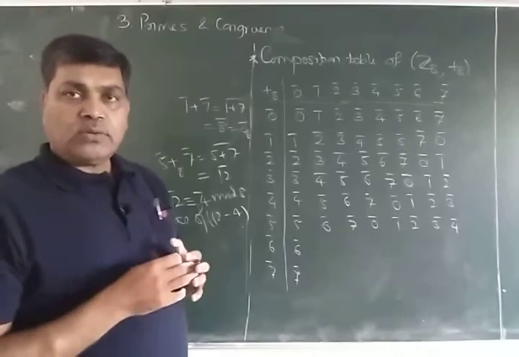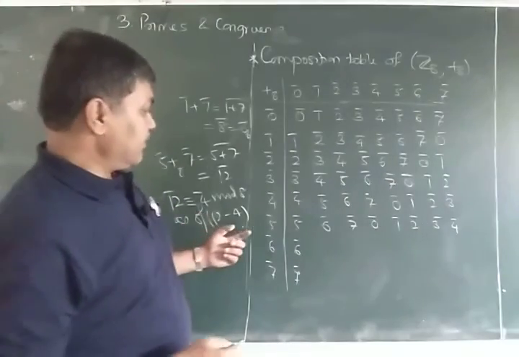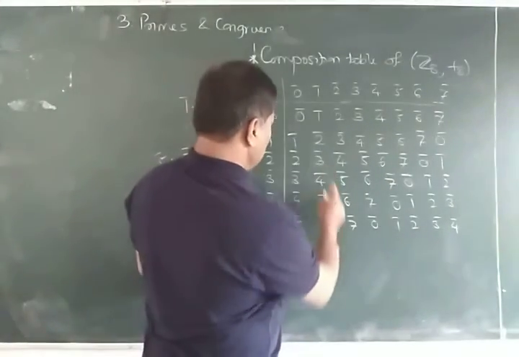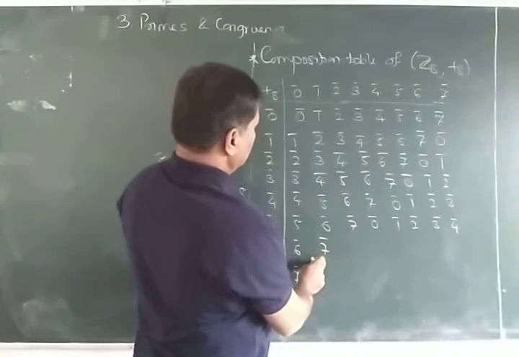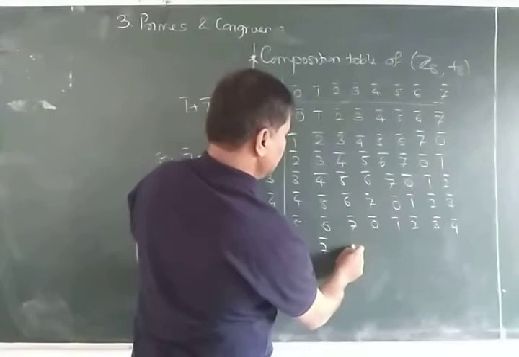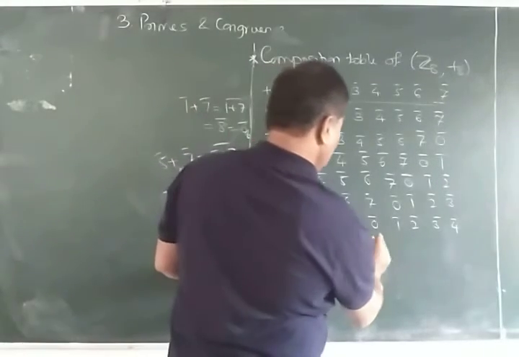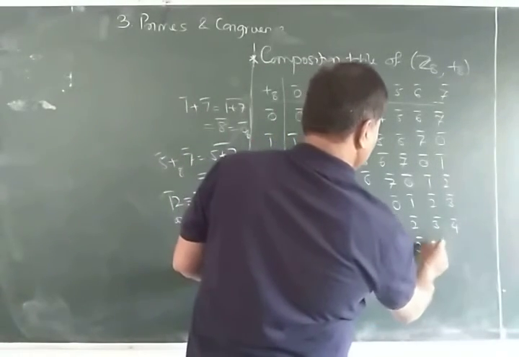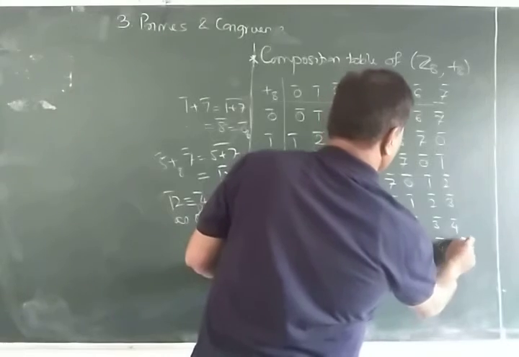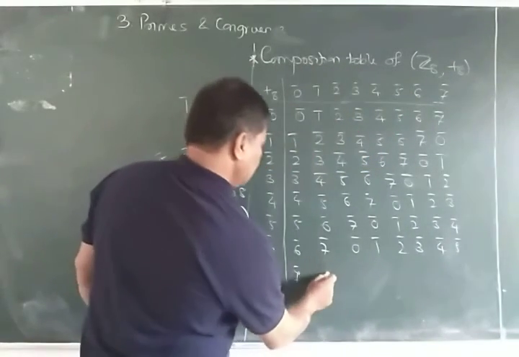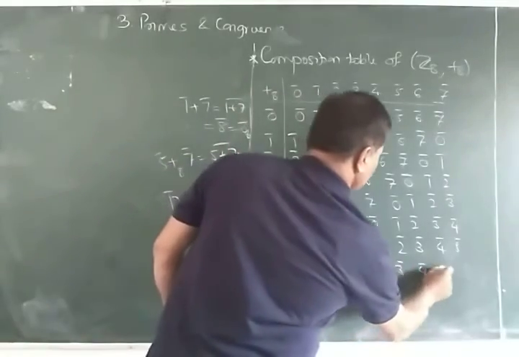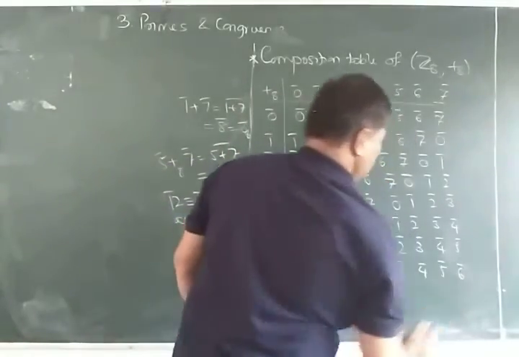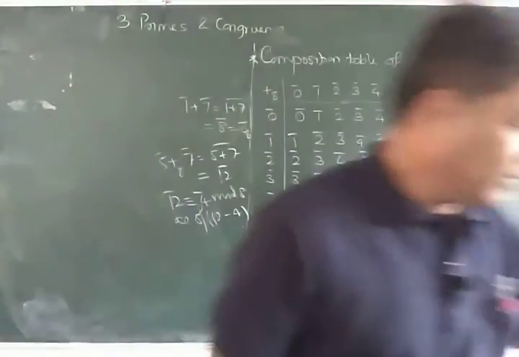Is it clear? 6 plus 1, 7. 6 plus 2, 8 divided by 8, remainder is 0. Then remainder 1, 2, 3, 4, 5. So 0 bar, 1 bar, 2 bar, 3 bar, 4 bar, 5 bar and 6 bar. Is it clear?